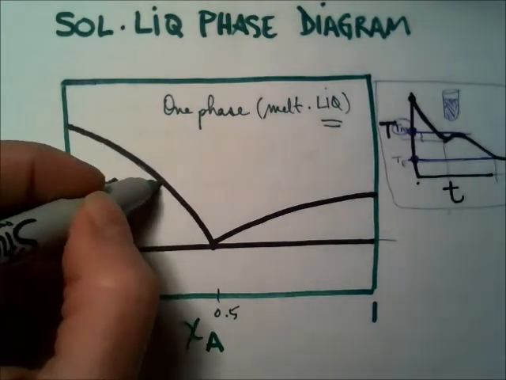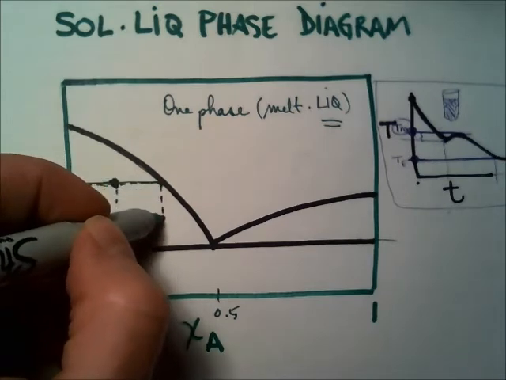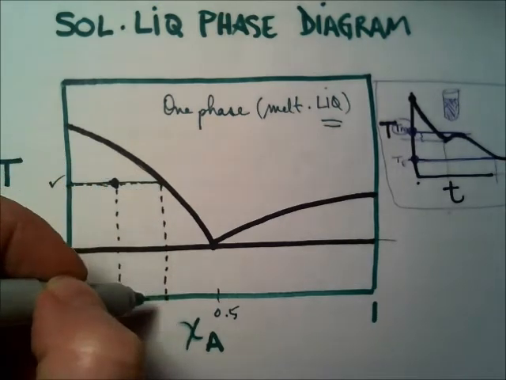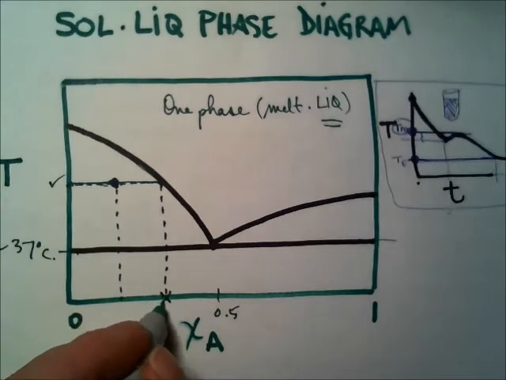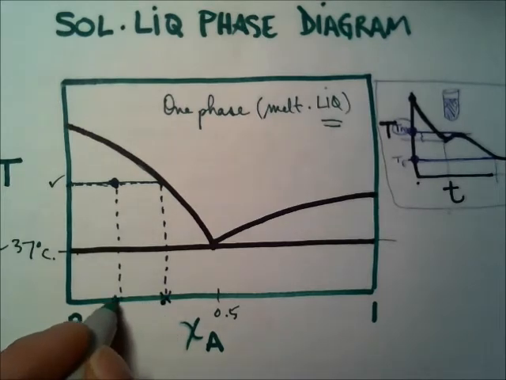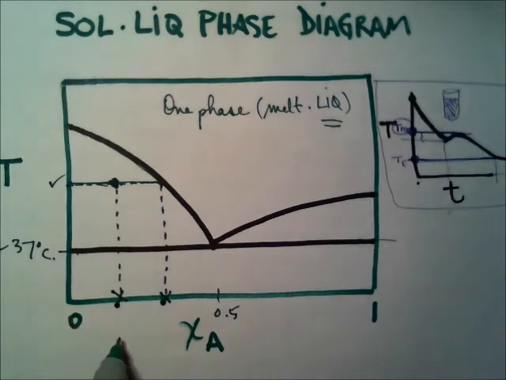So I have solid and liquid, and the liquid composition is this. So that's the overall composition of what's in the test tube as slush.